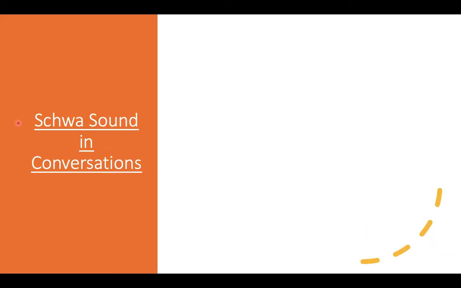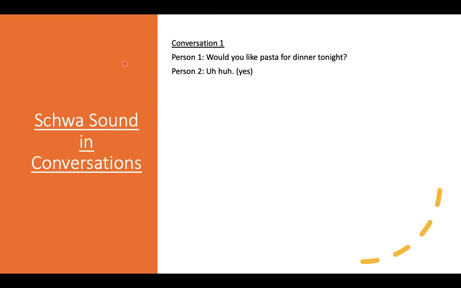This sound, again called the schwa sound, is so common, sometimes we use it for other words. So I'm going to show you some examples of how we use this sound in everyday speech. Here's a conversation between two people. Listen carefully. Would you like pasta for dinner tonight? Uh-huh. Here, person two is saying yes to the question, but they're not saying yes.